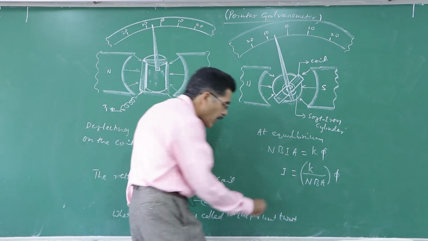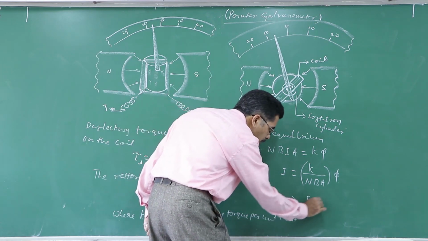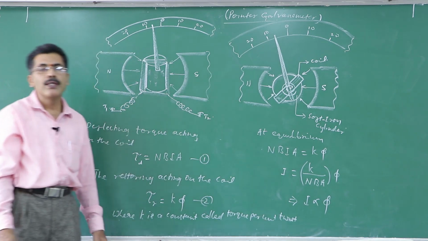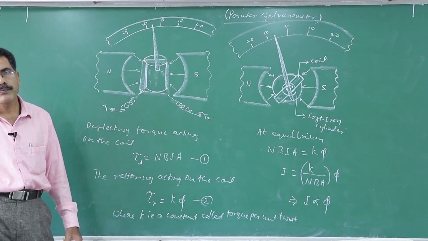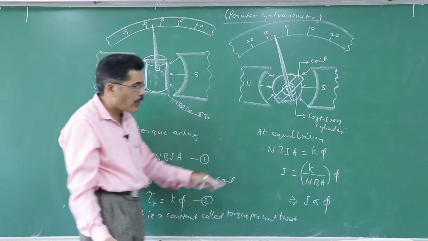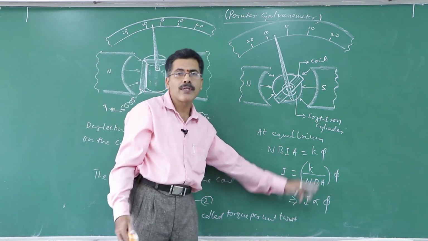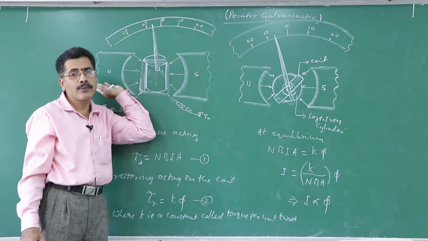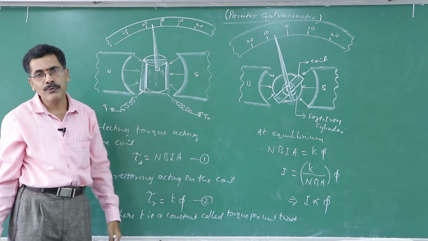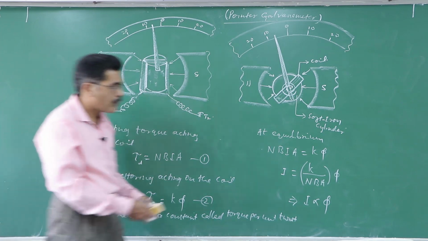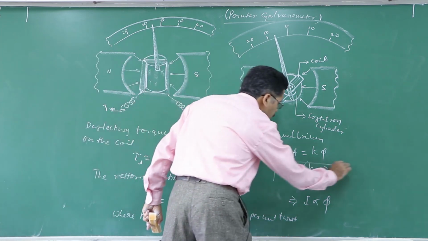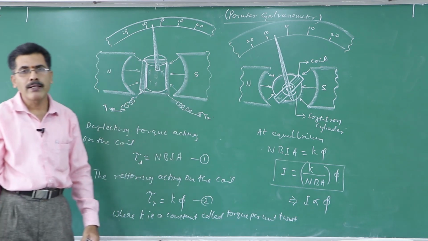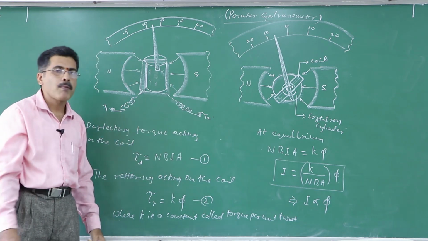This tells you that the current flowing through the coil is directly proportional to the deflection of the coil. Whatever deflection you have seen is directly proportional to the strength of current flowing through the coil. This is the conclusion that can be made using this equation.